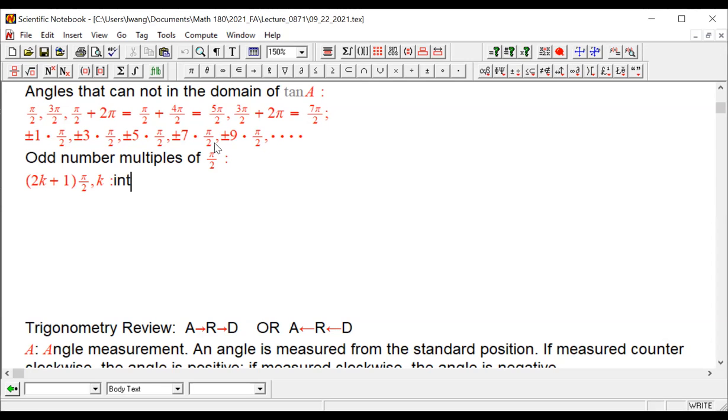How do we verify we got the odd number multiples of pi over 2? Okay, we have 8 minutes. Professor, shall we do a breakout session? Professor, before that, I guess you were trying to tell us the range of tangent.